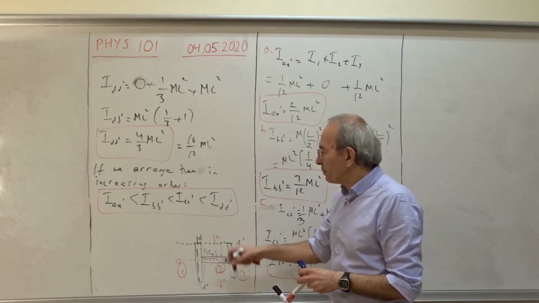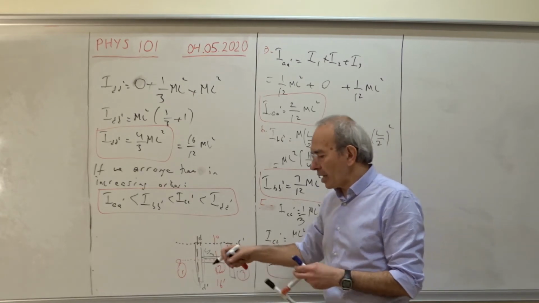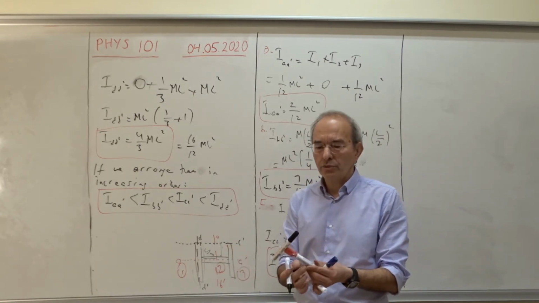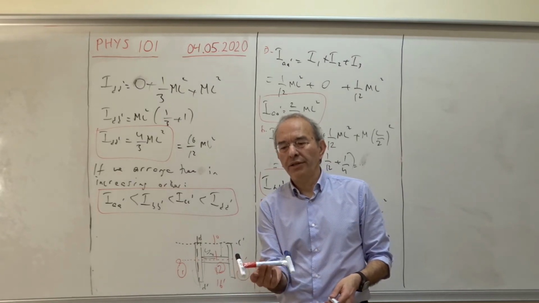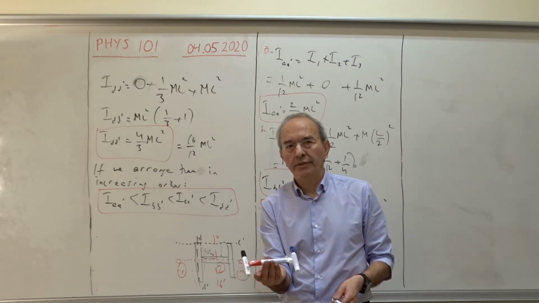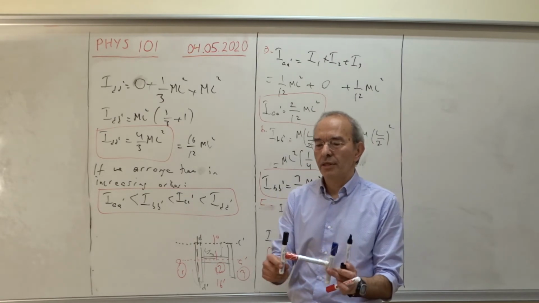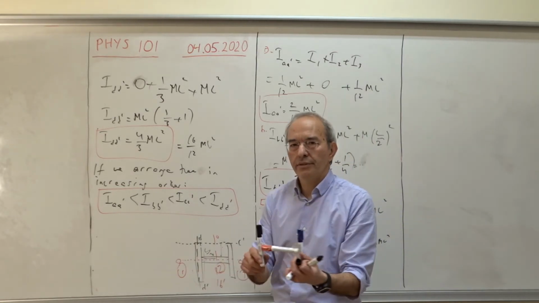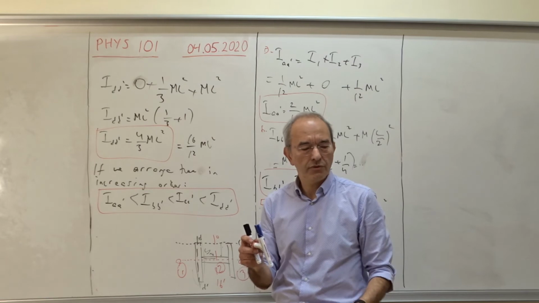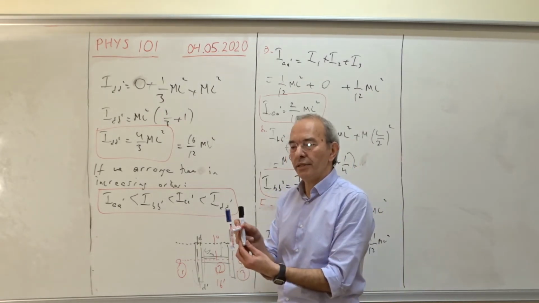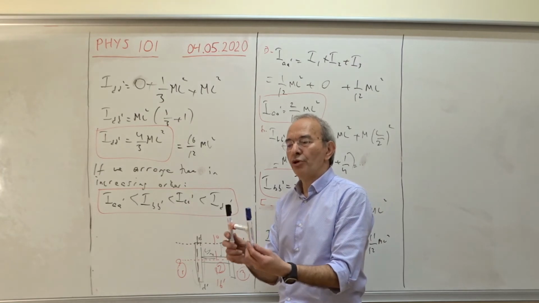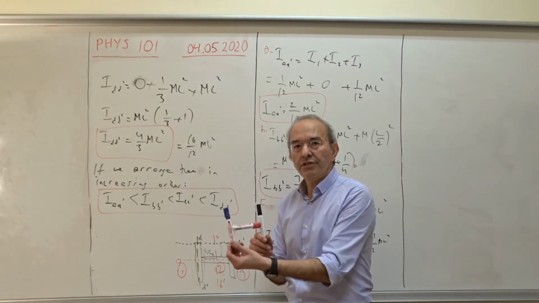So IDD prime is the greatest. What is the easiest one? IAA prime. The easiest way of turning the object is around the middle one. So this is the easiest one, and that's the hardest one. If you keep one stationary but turn the rest around it, this is the hardest one.